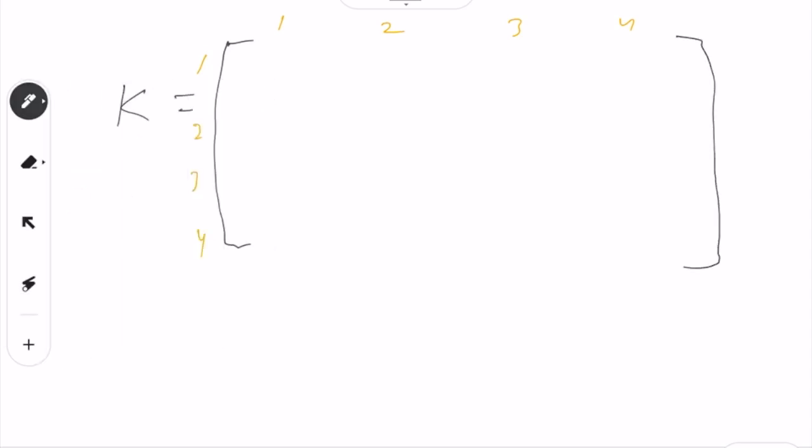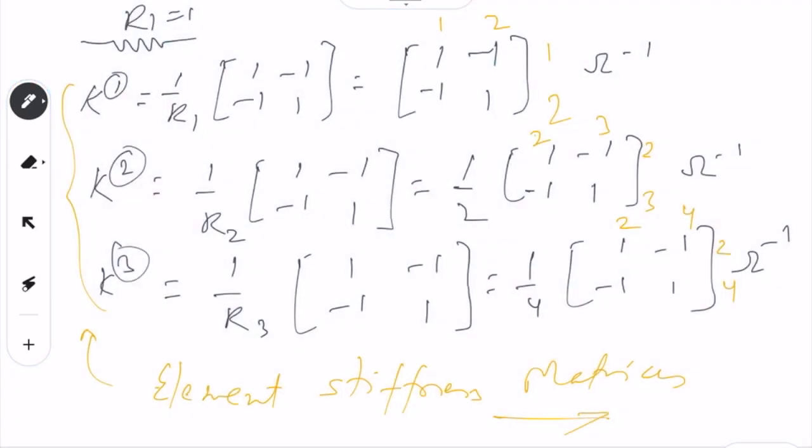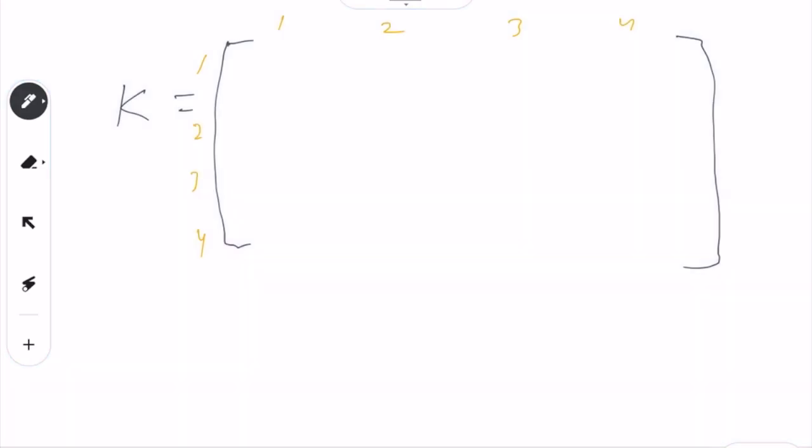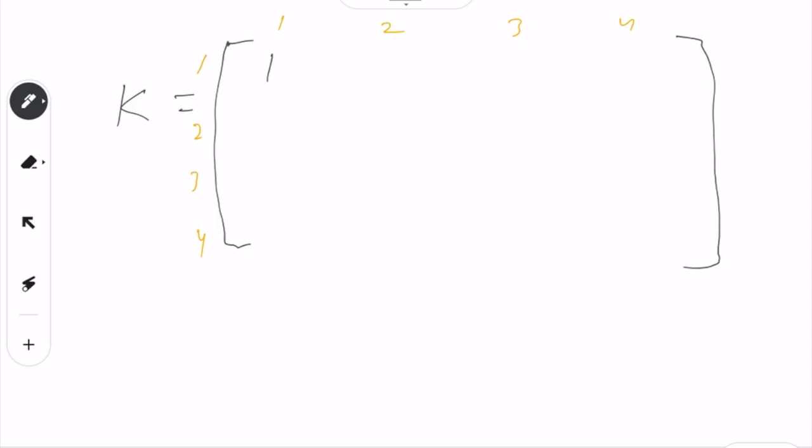Okay. Then let's go back and see what the values are. So we have 1 1. If you look at 1 1, only this has 1, no other, we have 2 3, 2 4, 2 4. 1 1 is only here, so we simply write it equal to 1. Now let's go row wise.